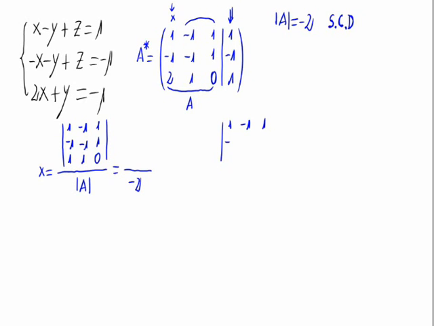We know that the determinant of the matrix A was minus 2, and now let's find out the value of the determinant of this matrix: 1, minus 1, 1, minus 1, minus 1, 1, 1, 1, 0.